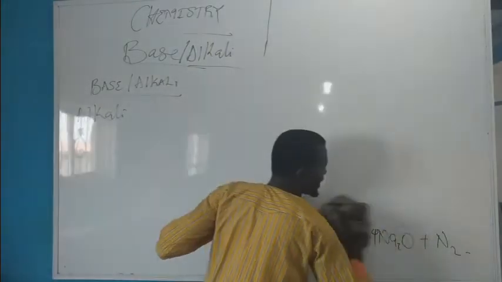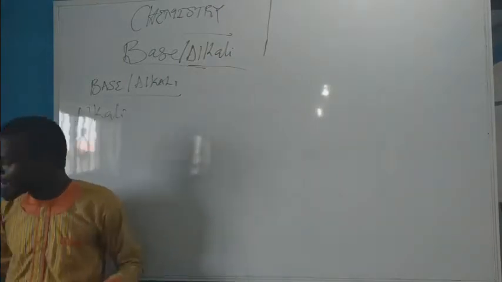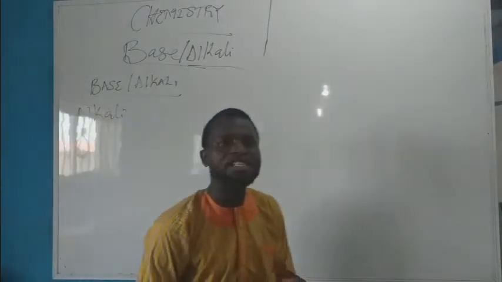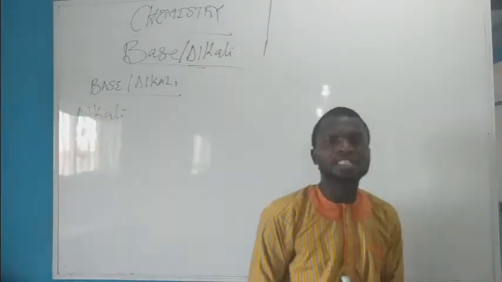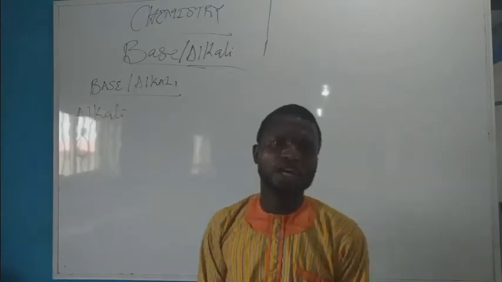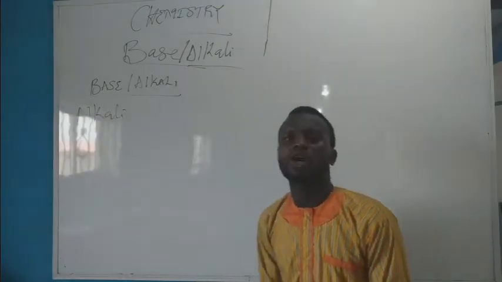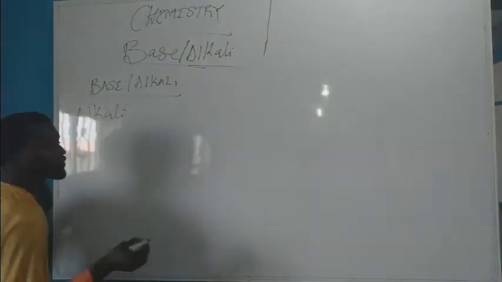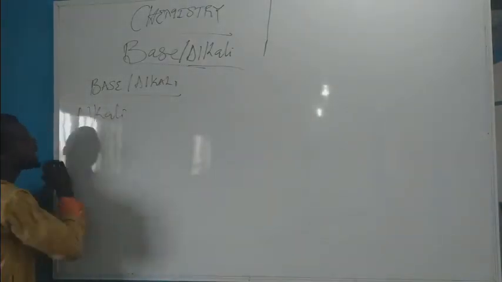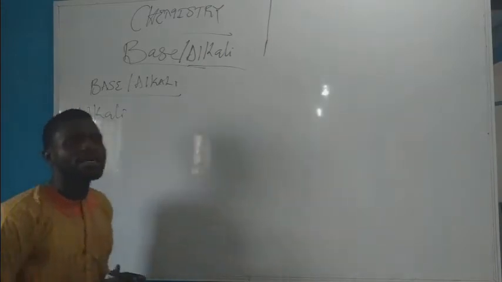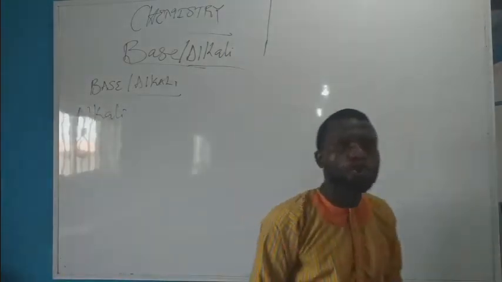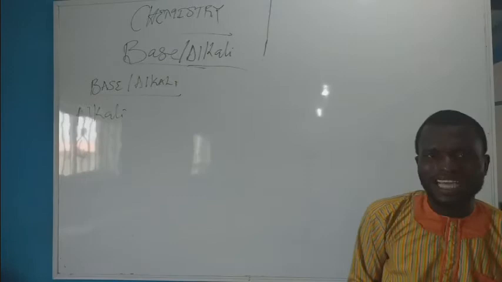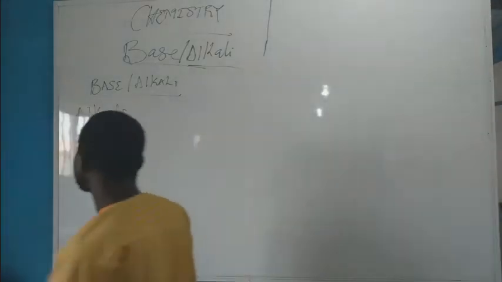Now, what is alkaline? An alkaline is a soluble base that dissolves readily in water to furnish or liberate hydroxide ion. Now, alkaline, like acid, can be categorized into two groups based on their relative strength.